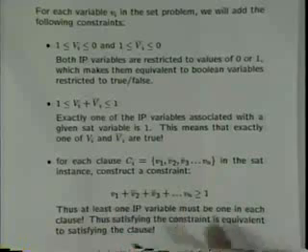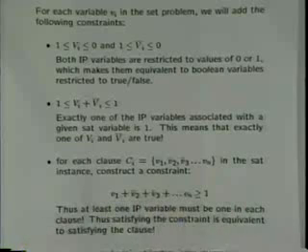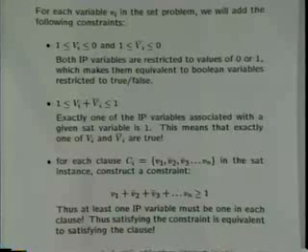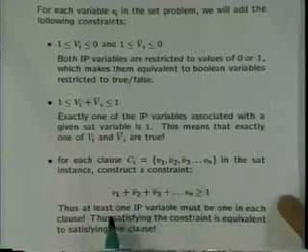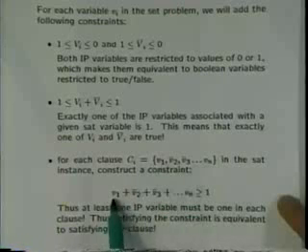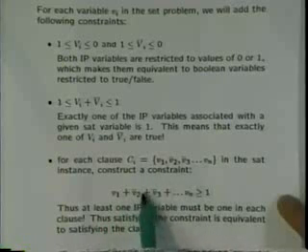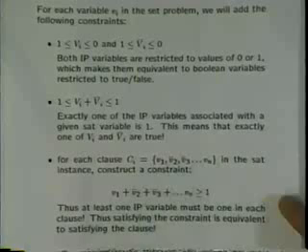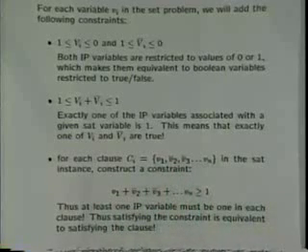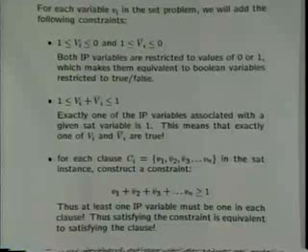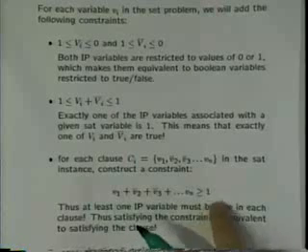So what does one of them being true mean? It means that at least one of these variables has to be true, or in our notation numerically, 1. So what if I take this clause and rewrite it: v1 plus v1 bar, v2 plus v2 bar, add up the integer variables corresponding to each of the Boolean variables, complemented or not, in the original clause, and make that greater than or equal to 1.